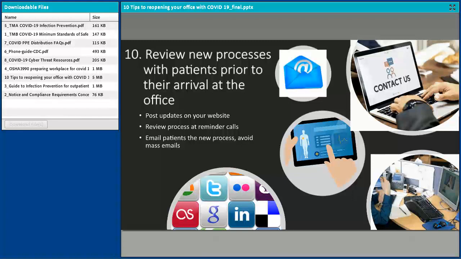You may have a patient portal even that you can push this out through. We would advise you to be cautious if you're using mass emails. You do not want to include everyone in the to line. If you are going to do an email to multiple patients, be sure and put their email addresses in the blind carbon copy section of the email address section.